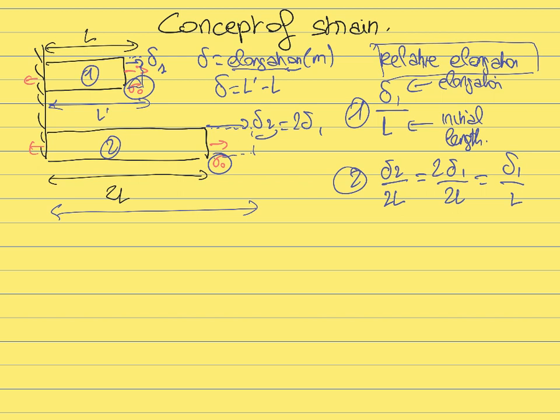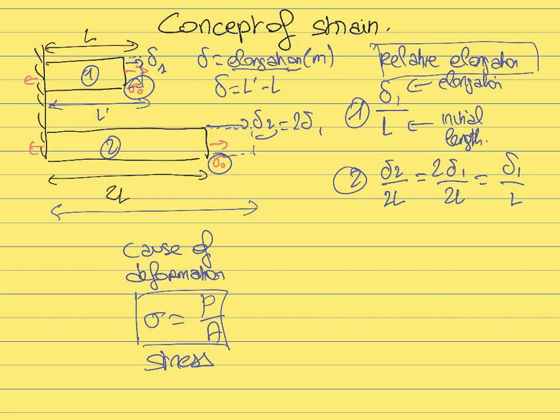So this is what we are going to talk about in this chapter. We are going to see the relationship between the cause of the deformation and the deformation itself. In the previous chapter, we saw that the cause of the deformation is the stress. For example, in the case of an axial load, the stress is the load divided by the area. This is only valid in the case of axial load.